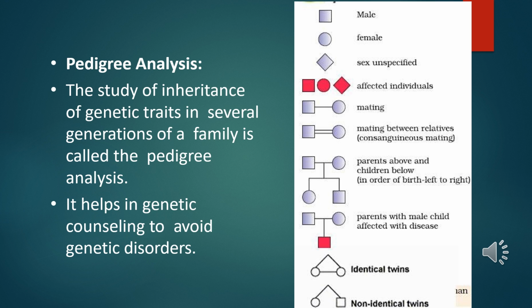Then mating between male and female, and then mating between relatives, meaning if marriage happens between cousins. This is showing parents above and children below in order of birth, left to right. Then parents with male child affected with disease; red color is with disease. This is for identical twins, and this is for non-identical twins. We have to learn all these symbols properly so that we will be able to do these pedigree charts properly.